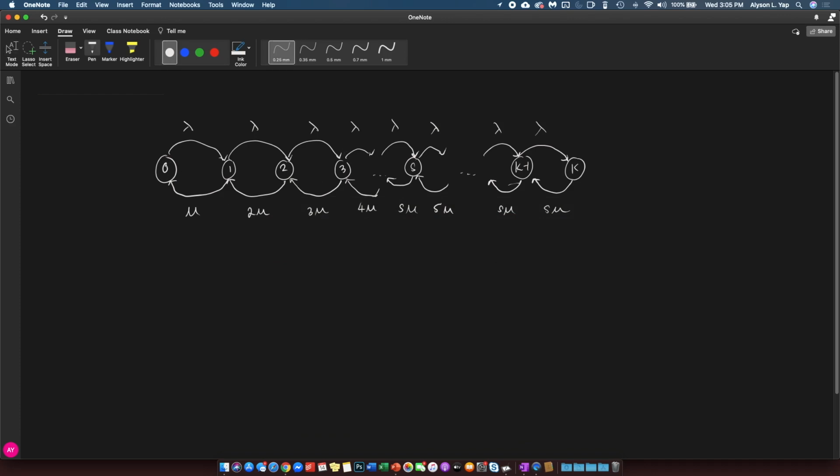Again, our states run from 0, 1, 2 until we reach a particular state S, and then we continue until we reach the system limit K. The arrival rate, everything on top, is still lambda. Your service rate increases until it reaches S. But once you reach S, your service rate is constantly at S mu.